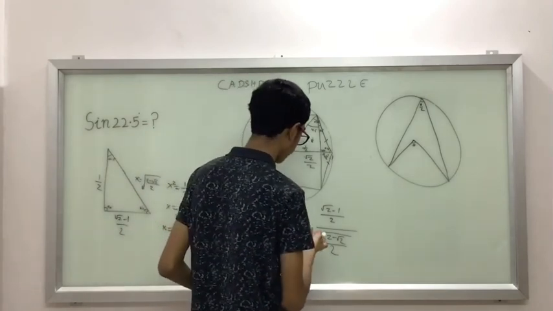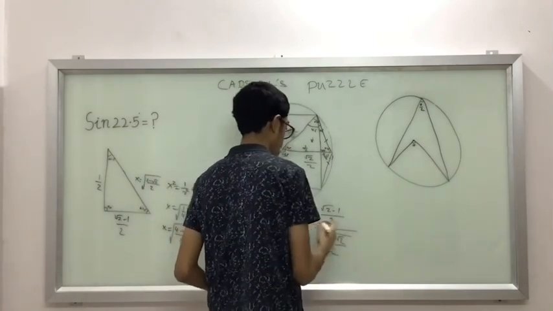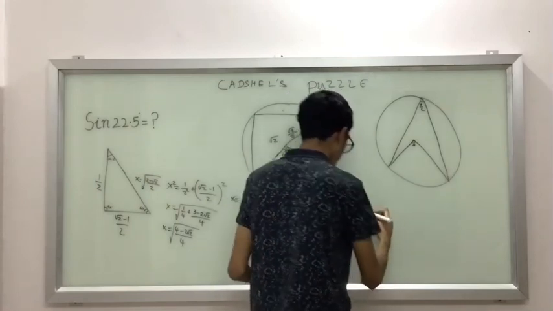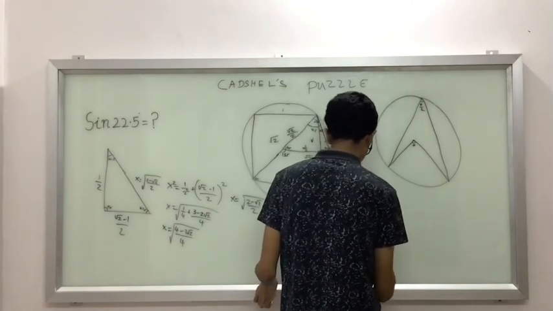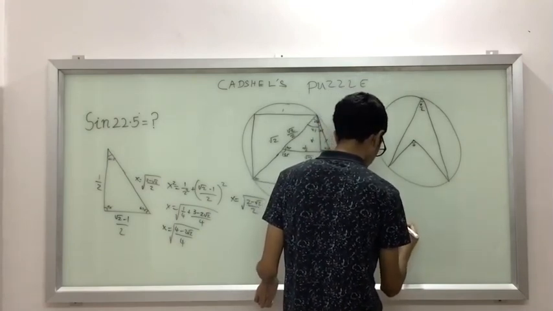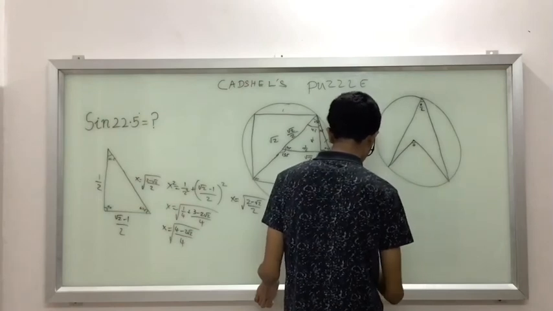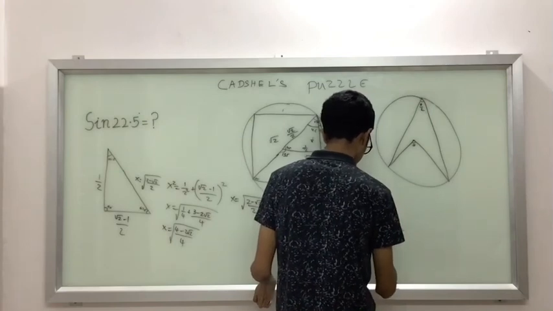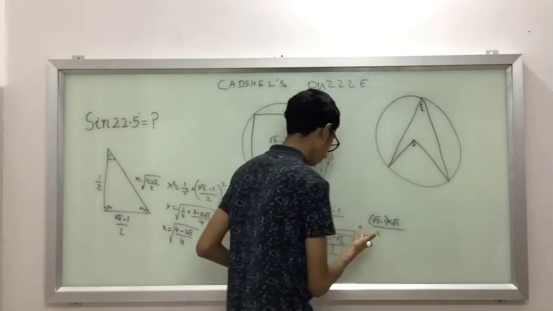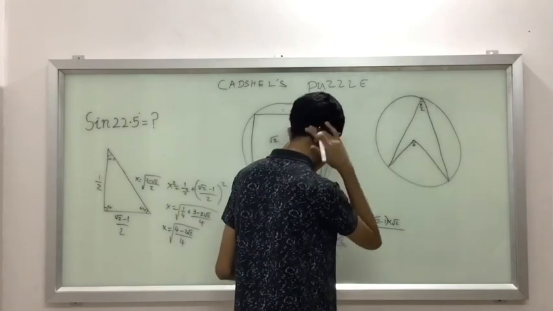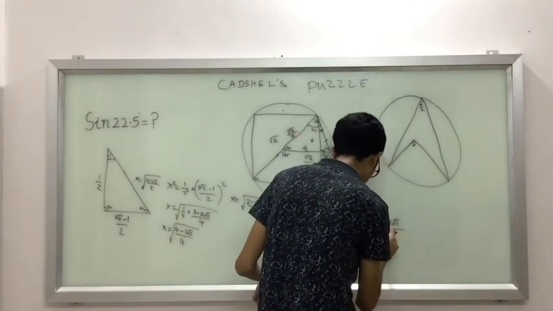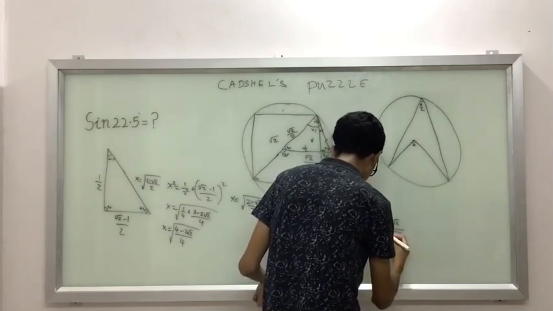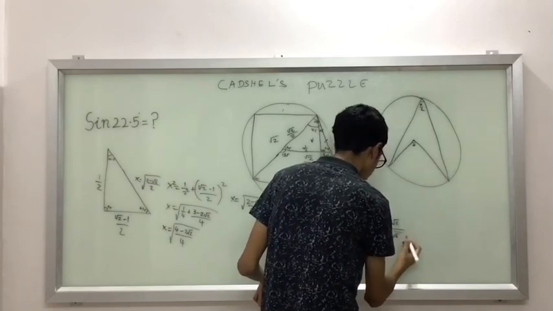Now what can I do? This is equal to root 2 minus 1 into root 2 by 2 into 2, and the 2 into square root of 2 minus root 2.